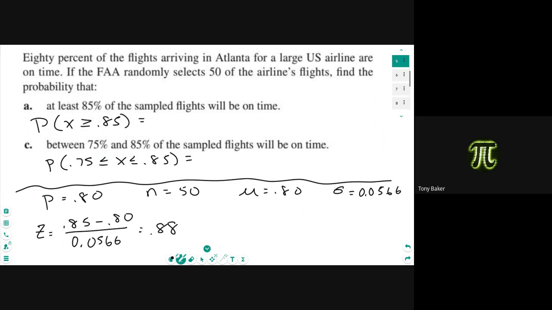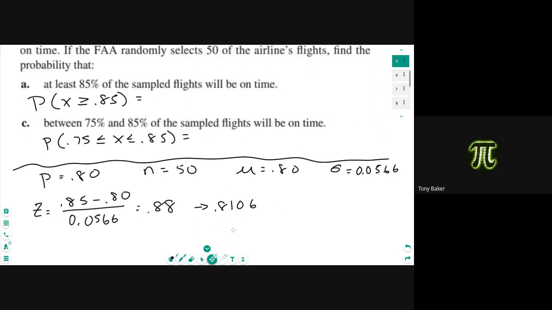Get 0.8106. And I'm also going to need negative 0.88 for the other one, which is 0.1894.